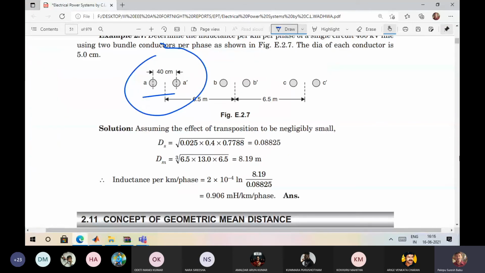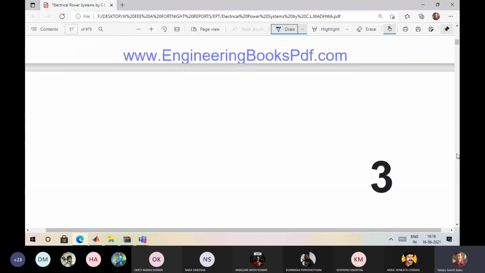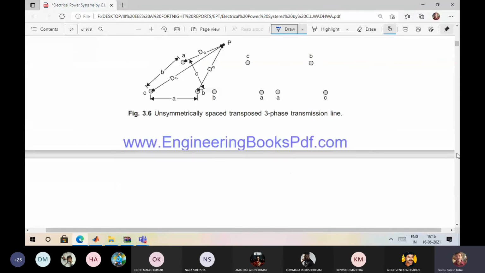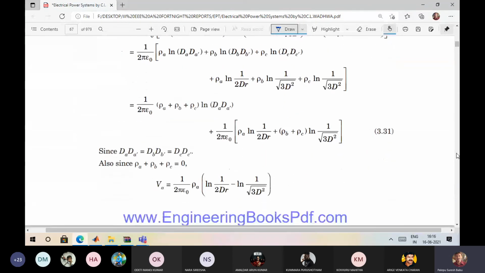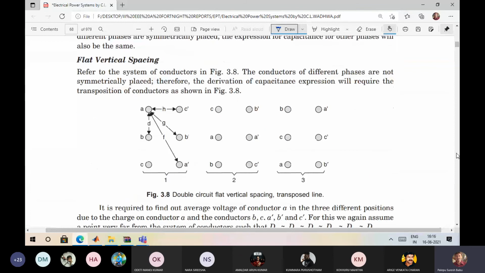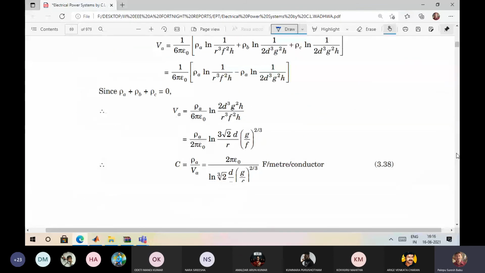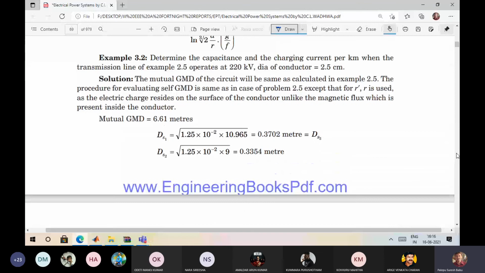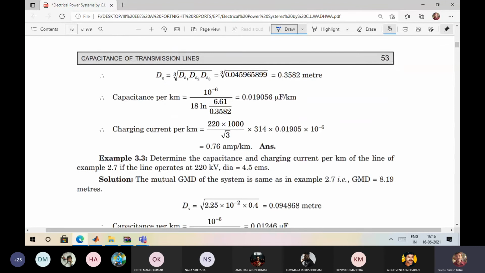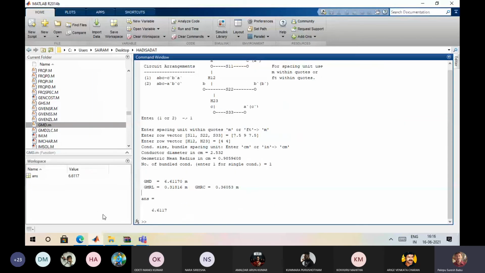Here you can see the same problem, the capacitance of a double circuit line. We consider it the same, the GMD is obtained the same as in the previous problem. Here 0.3582 is obtained.